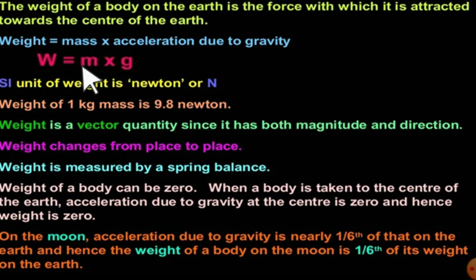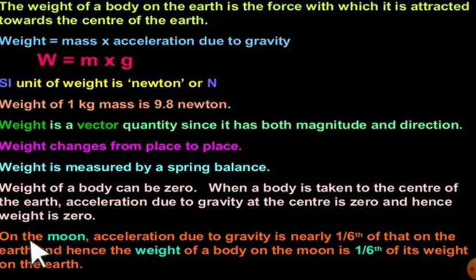They seem to be floating. Why? Because there is no gravitational force acting on them. Now weight is measured by a spring balance, as we have seen in the previous slide. Weight of a body can be equal to 0, as I said, when the body is taken to the center of the earth or to that height where acceleration is equal to 0.